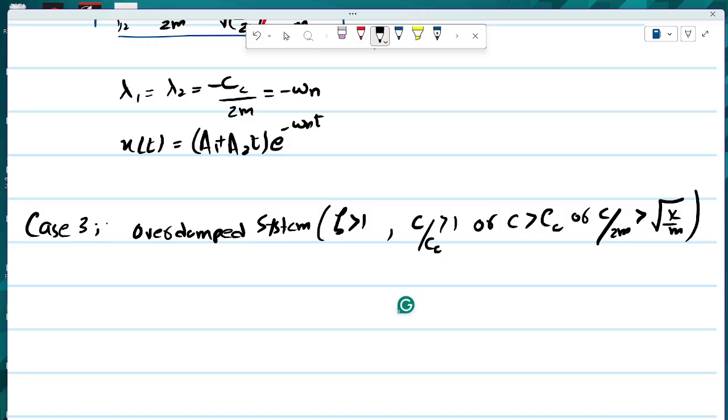In this case, the roots will always be real. There won't be any imaginary roots. So lambda 1 would be equal to minus of... or if you can just rewrite the same.